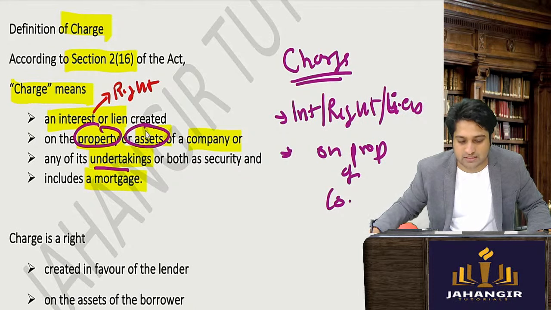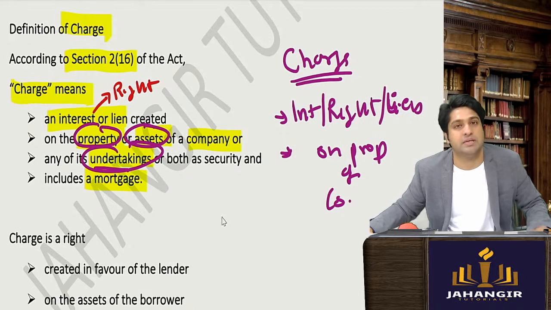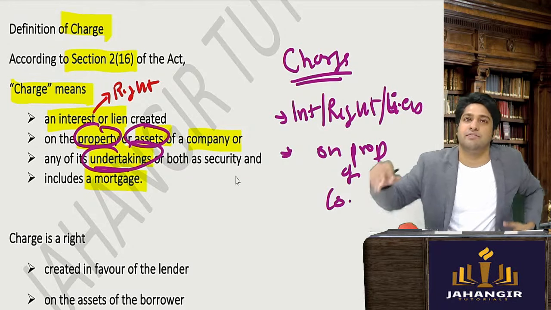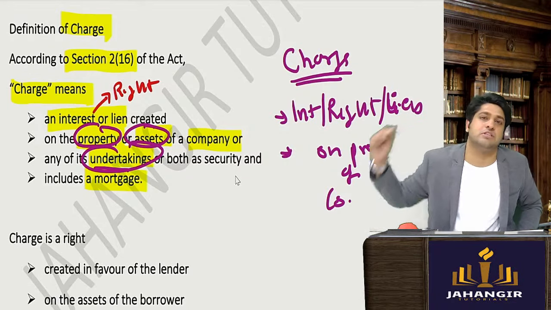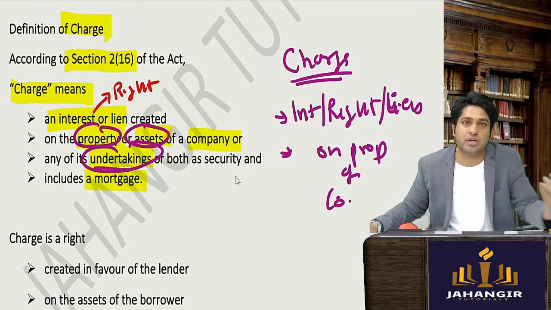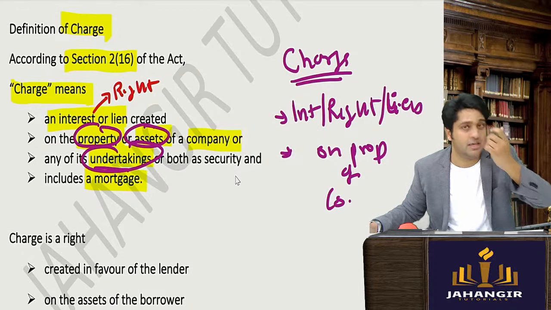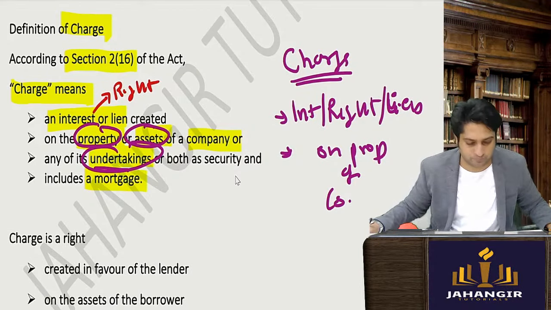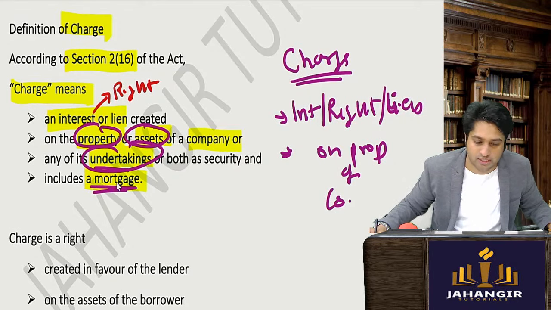We can have various kinds of undertakings also. So basically if I have a business unit, it can also be kept as security, that if I cannot repay, I will transfer this business to you. So that undertaking is a business unit that I can also keep as security, that if I can't repay the money, my airline division, I will give it to you. And includes a mortgage.